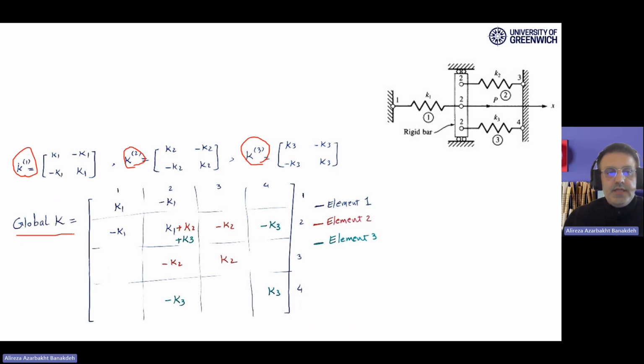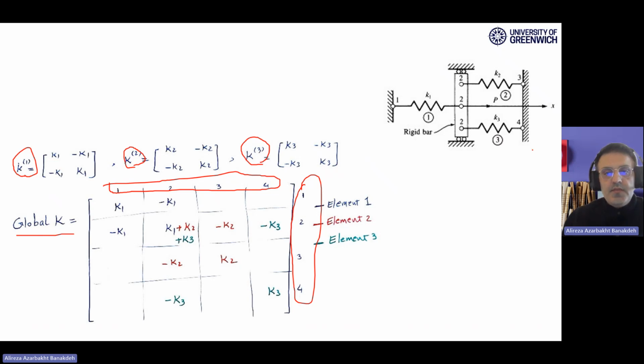And the global stiffness matrix will be something 4 by 4 because we have four nodes, 4 degrees of freedom, and you can draw some sort of empty matrix for yourself as we practice during the lecture and number 1, 2, 3, 4 like a line, hint line, and here 1, 2, 3, 4 as a hint for yourself, and start to bring all of those numbers to the right place in the global stiffness matrix.